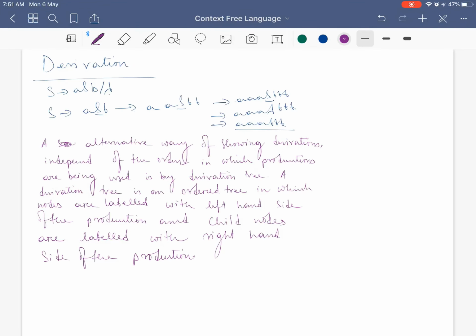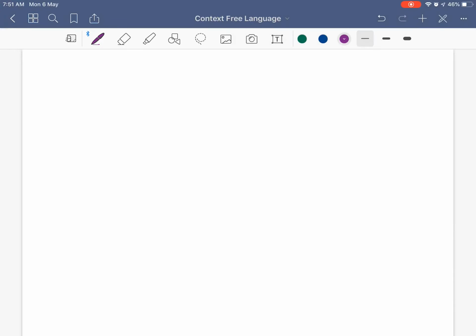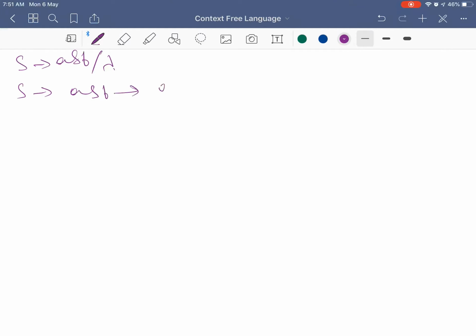Suppose for this particular production rule, this is how we are making the derivation: S to ASB, then AASBB, then AAA S BBB, then S is lambda, right?